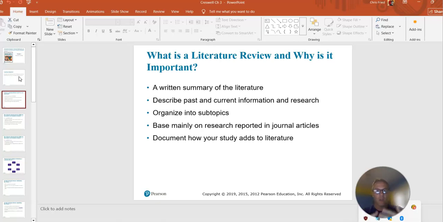But then as you're working on your thesis and your paper, how to identify appropriate articles, literature, and information, and then how you go about synthesizing it and making sure it's appropriate, right? So this talks a little bit about a literature review. A couple of assignments we have this semester for this class focus on looking at research and analyzing and synthesizing, and that is what a literature review is, right?